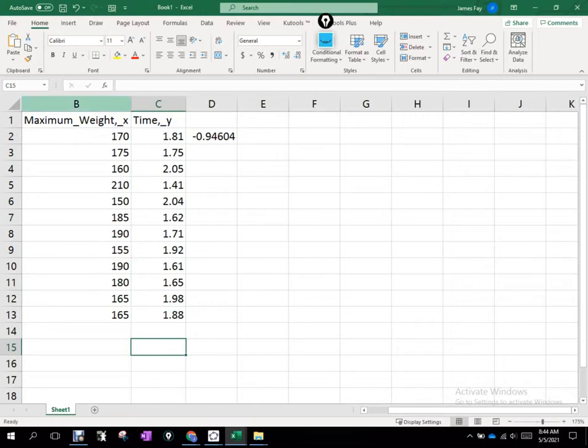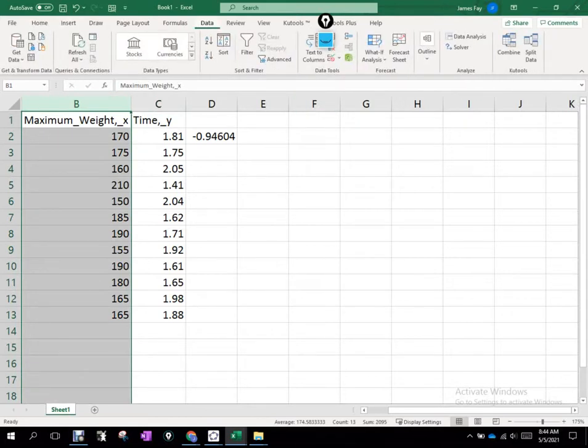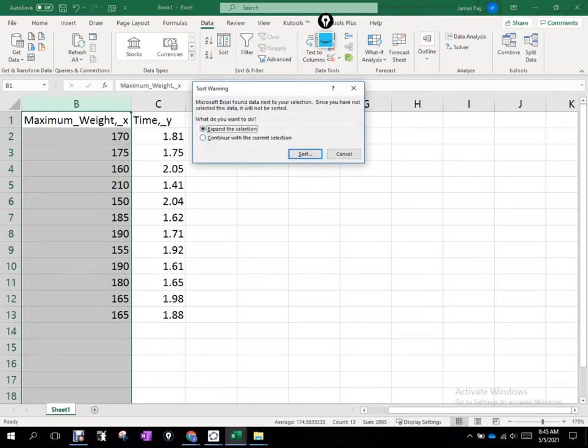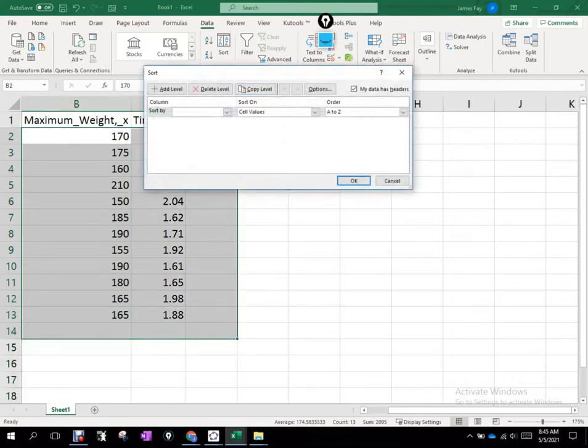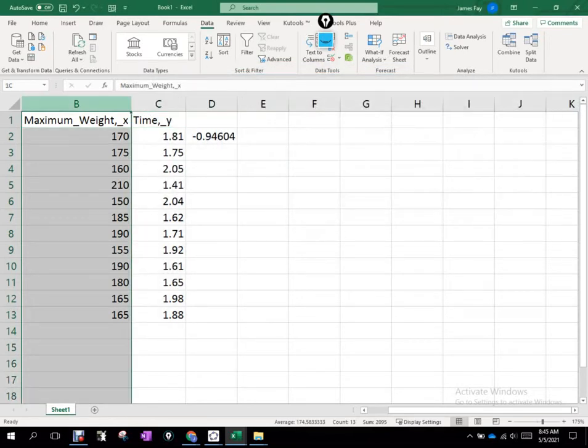So what we can do is this. I'm going to click on that column, go to Data and see where it says Sort. Okay, so I'm going to click on that. It's going to ask me to select all of my data, and actually, let's just select these two.